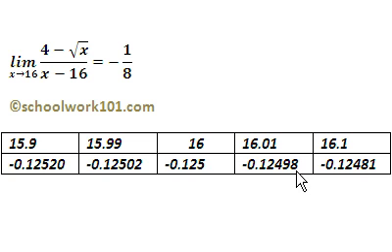I think I do some rounding here, since we can only go out so far, and I think I'm rounding to 5 decimal places. But as you can see, coming in from the right hand side, we're getting close to this exact value, which is -1 over 8, but I write it in decimal form here, -0.125. So you can see that this number is getting closer to 0.125.